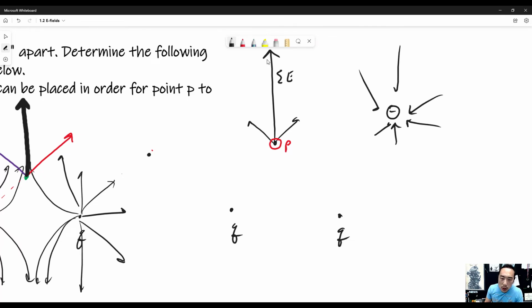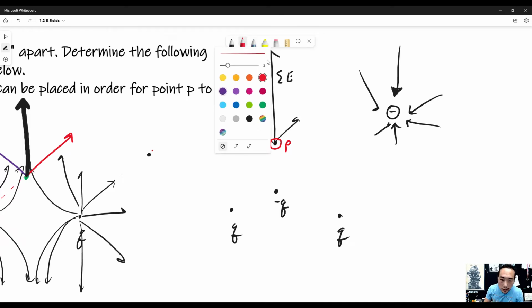So we want a field line that's going downwards to cancel out that vertical field up there. So if we have a negative charge, I'm just randomly guessing where it would be, a negative charge somewhere here, and if I were to draw the field vectors, let's do this in a different color.